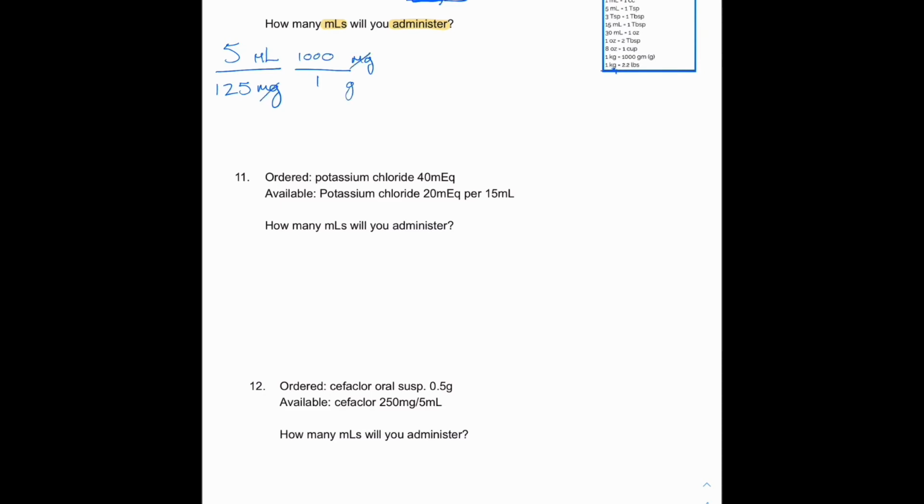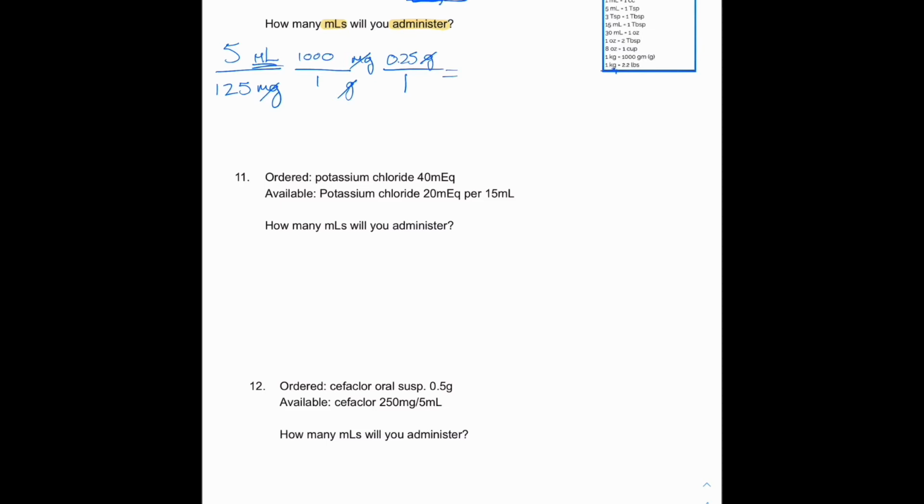Those cancel out. I've still got grams hanging out down here, so I'm going to put this up top so I can cancel it out. And we look, okay, now we're back to grams. We can plug in our order. Grams cancel. And now I'm just left with mils up top, so that means we've done our job there, so now we can multiply across. So we're going to go 5 times 1,000.